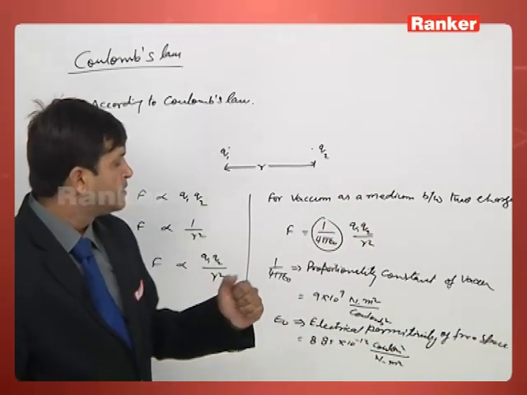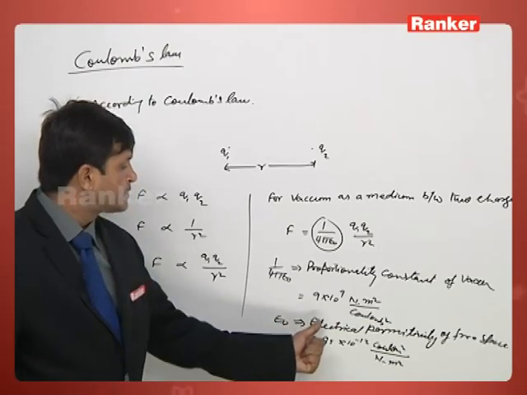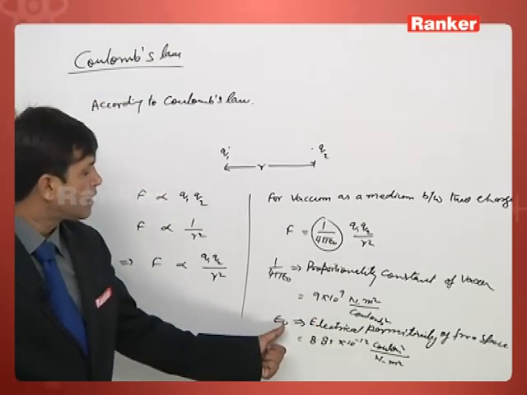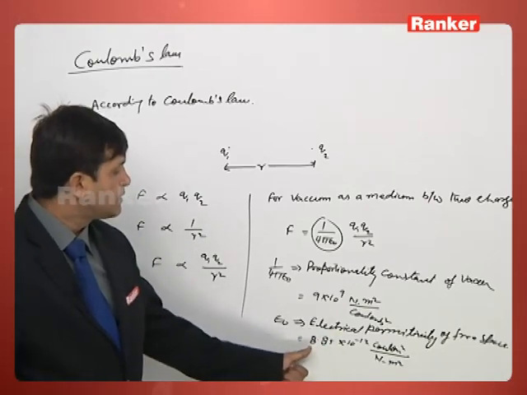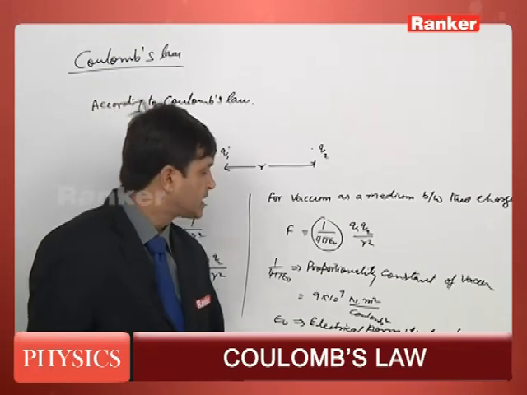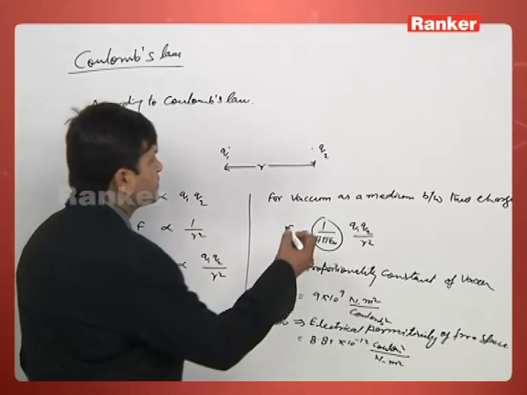The factor which determines that is called epsilon naught, or electrical permittivity. The value of epsilon naught for vacuum is 8.85 into 10 power minus 12 Coulomb square per Newton meter square. Now this is for vacuum.